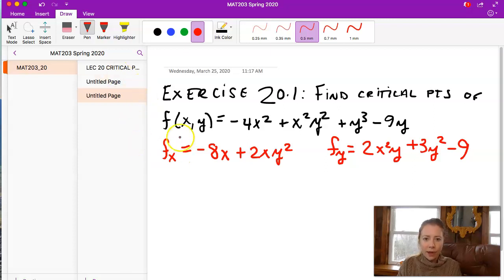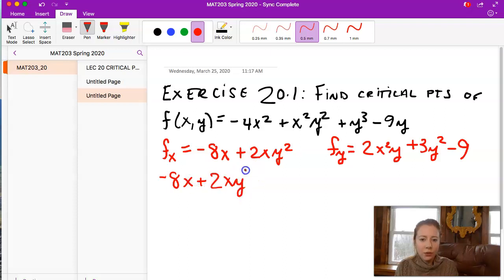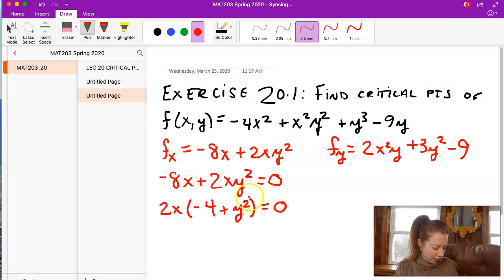So let's start by finding the roots of our x component. So here we have our minus 8x plus 2xy squared, and we set the partial derivative equal to 0. All right, so here we can definitely factor out a 2x. And so then we're left with minus 4 plus y squared in the parentheses, and that is equal to 0.